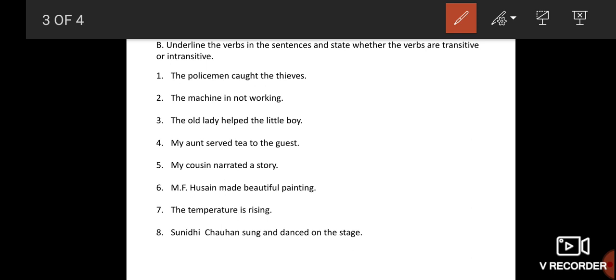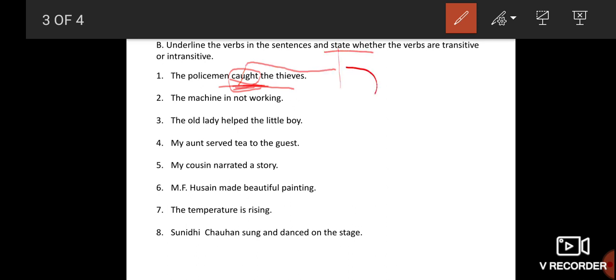The policeman caught the thieves. Now see, caught. If I say the policeman caught, it is not enough to say caught. You have to tell about what the policeman caught. So this is a transitive verb.